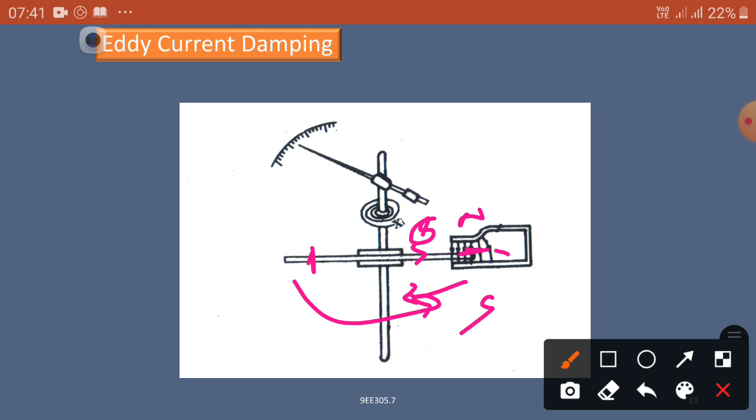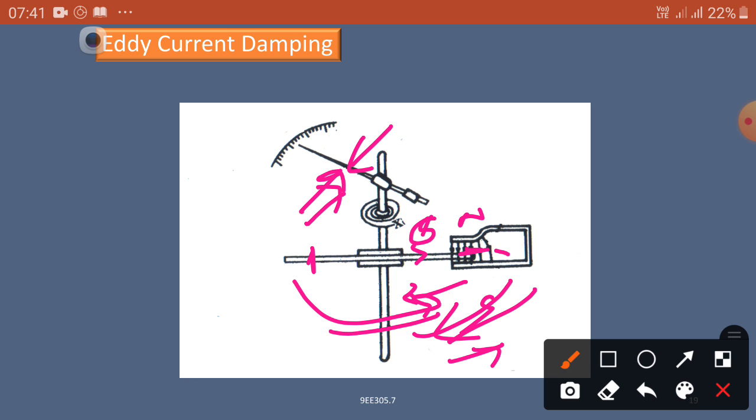So what will happen? If the disc rotates here, the pointer will move in this direction. Suppose the deflection torque is produced in this direction, and the pointer is moving this way. Then, due to this, flux is developed, and the flux will try to oppose this direction. So it creates some opposition. The deflection torque is opposed by this damping torque.